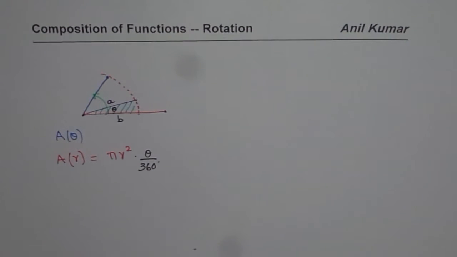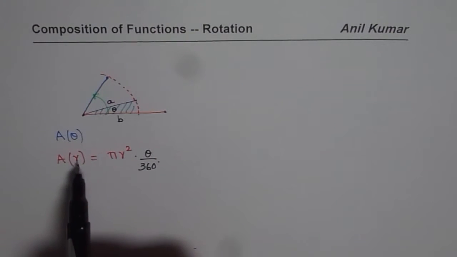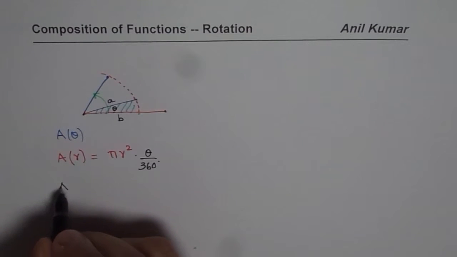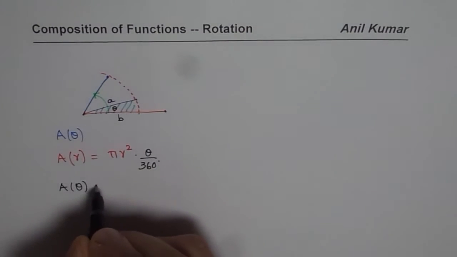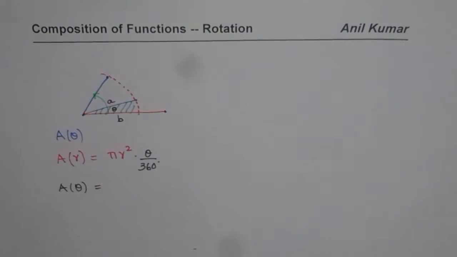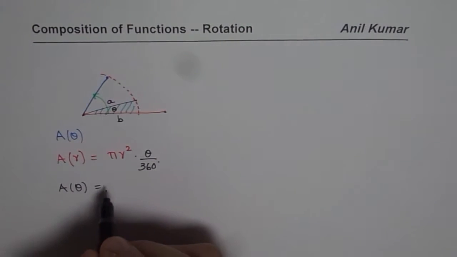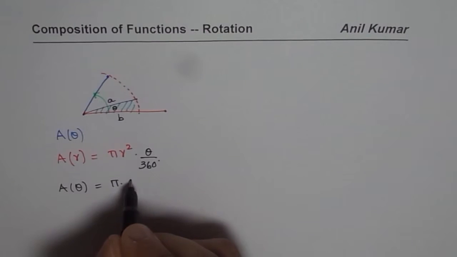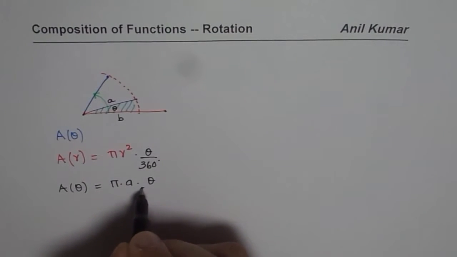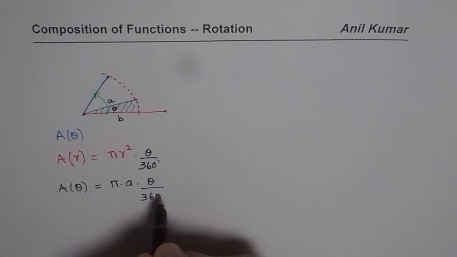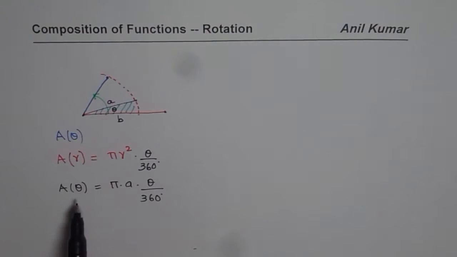So that becomes a relation which relates area in terms of angle theta for a known radius, right? So if I know that the radius is a, then I can write this as pi a squared times theta over 360 degrees. So what I've got here is a relation in terms of the angle theta, right?